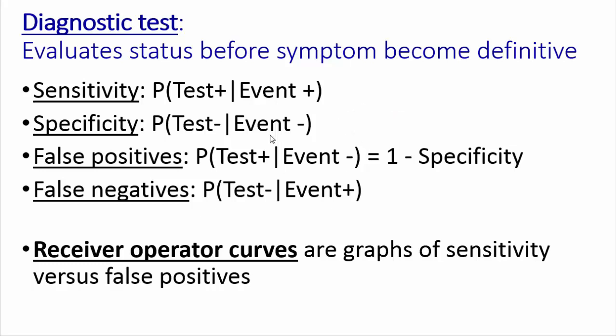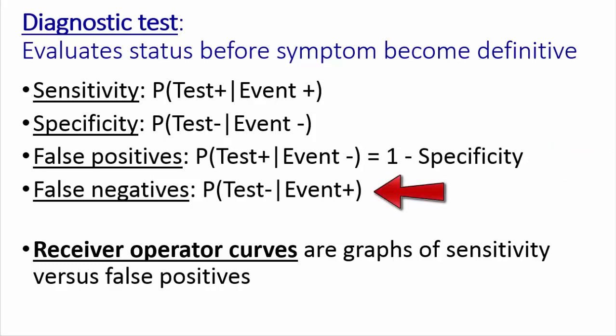Now, the flip side of sensitivity and specificity are incorrect tests, and those are false positives and false negatives. A false positive is the probability of testing positive when the event, like a disease, has not occurred. That turns out to be the complement of specificity, so it's 1 minus specificity.